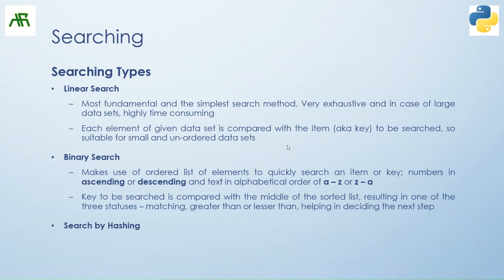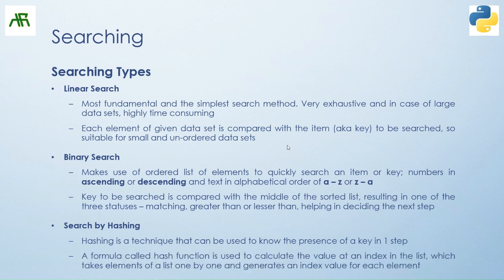Search by hashing is the next technique, where the presence of keys is found within one pass or one step. For that to happen, a formula called a hash function is used to calculate the value at an index in the list. This takes elements in a list one by one and generates an index value for each element.